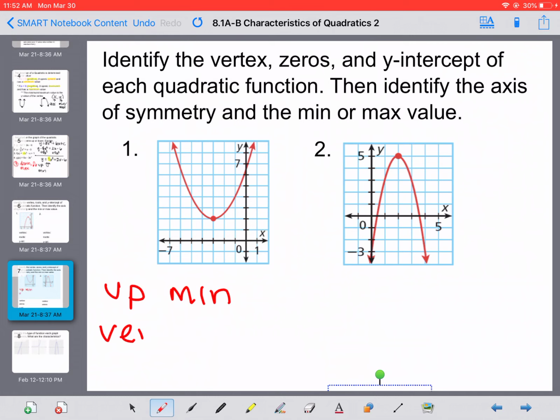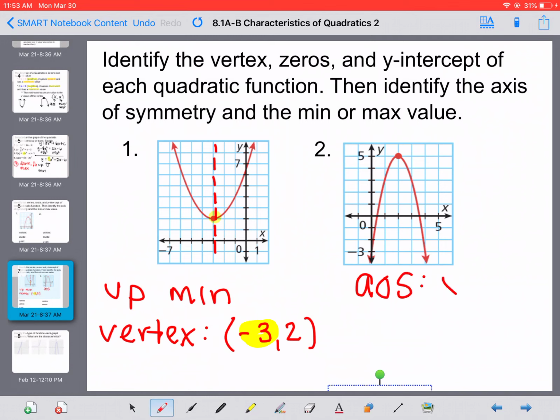Our vertex is going to be that point right there, and the axis of symmetry would be that dotted line, which is what's cutting that U in half. If we count, our vertex is at the point -3, 2. Our axis of symmetry, if you remember, is this x value, so our AOS is x equals -3.